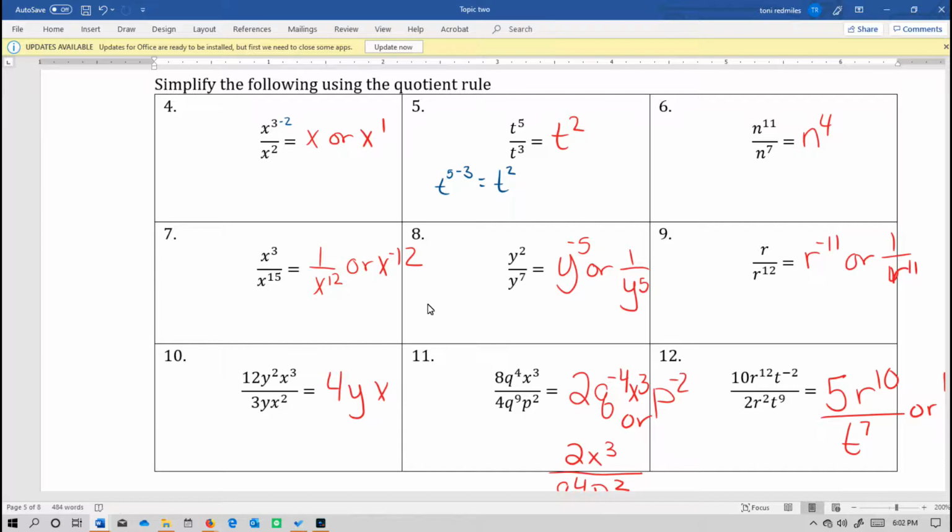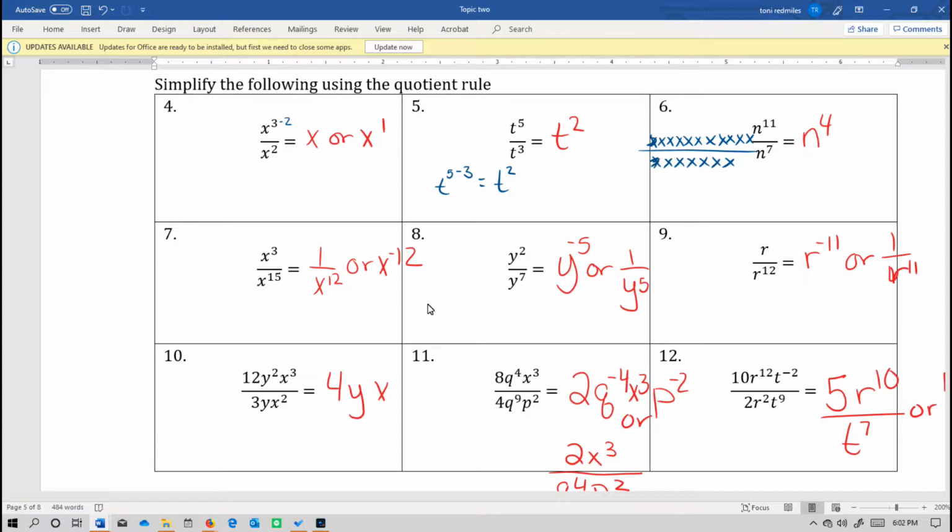All right, I'm going to model this one. I did the rule, but I'm going to model the rule on this one. Remember, if you subtract them, you get a 4, but I'm going to model it. 1, 2, 3, 4, 5, 6, 7, 8, 9, 10, 11. 1, 2, 3, 4, 5, 6, 7.